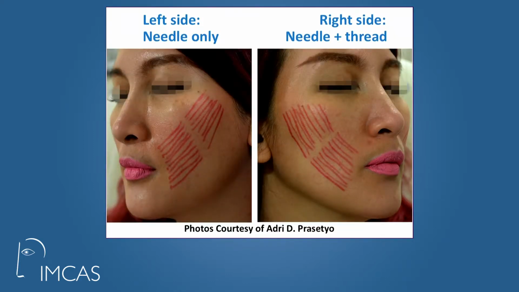I continued with the left side, needle only, with the same exact pattern. So on the right side I introduced the needle plus the thread, but for the left side I used the same needle, while the thread was already inside the right side of the face. I used only the needle on the left side.